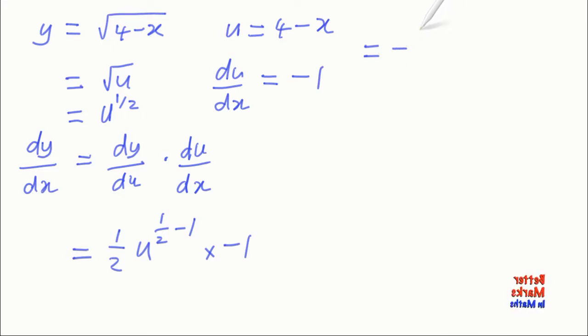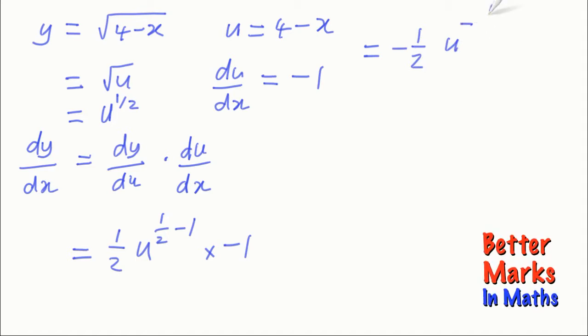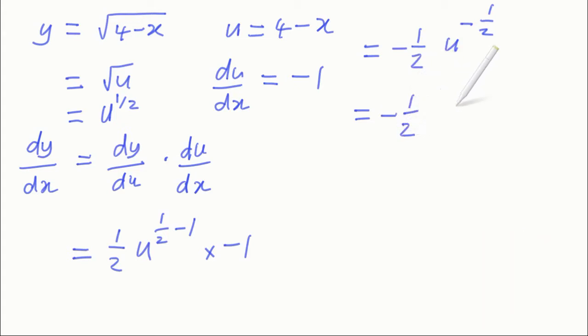and then that equals, and I'll bring the minus out the front, so minus 1/2, u to the minus 1/2, and then anything raised to a negative power is just 1 over, so that's 1/2 times 1 over u to the 1/2, which is equal to minus 1/2 times 1 on square root of u, and then I'm going to replace the u with 4 minus x.